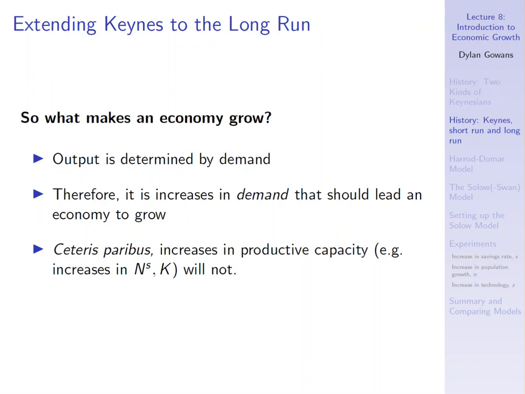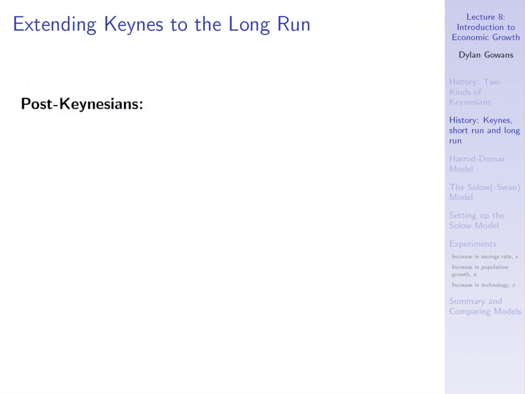And since it's demand that is leading to output, and output is just produced in response to that demand, there's no reason why increases in productive capacity should lead to increases in output. So, one more time, according to the post-Keynesians, what makes an economy grow is growth in demand.